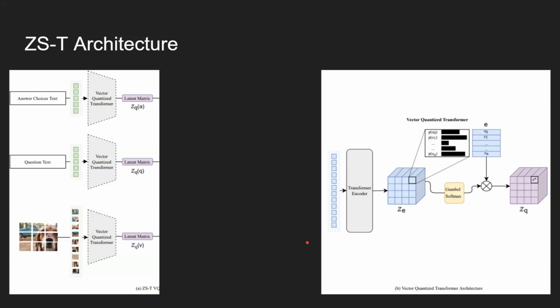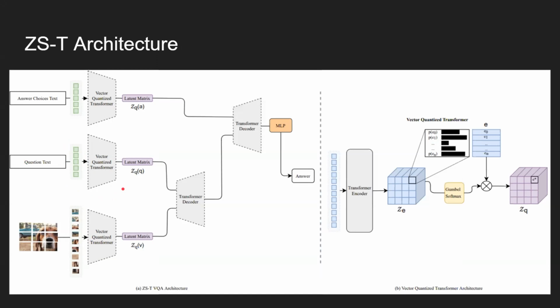So knowing this, the proposed Zesty VQA architecture builds matrices of these latent features produced by these vector quantized transformers from the tokenized input images and text. Next, the image and question matrices are passed into a transformer decoder whose output is then used along with the answer feature matrix as the input to our final transformer decoder.